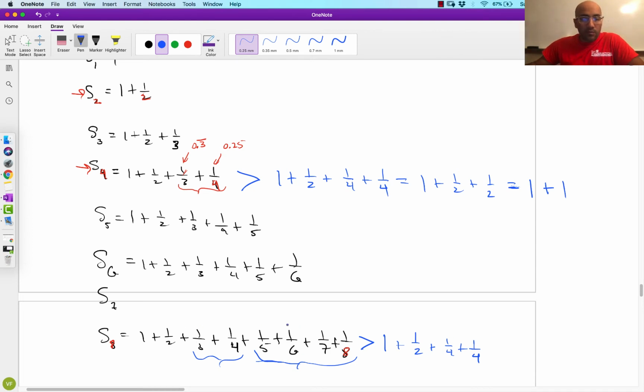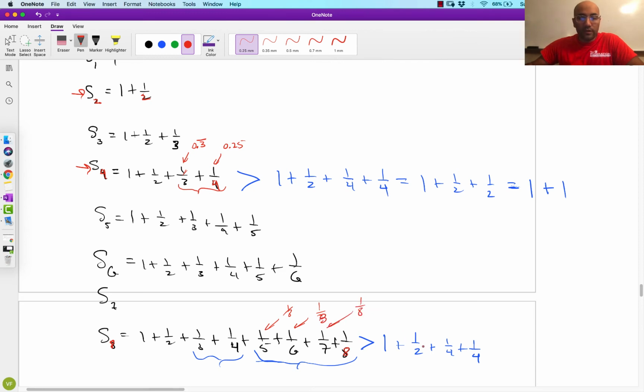Good. And now I'm going to do the same thing with these, except I'm going to note that each one of these, the 1/5, the 1/6, the 1/7, they're all decimals that are a little bit bigger than 1/8. 1/8 is the smallest of them all. So I replace these with a 1/8 each, or not replace, maybe compare it to is the better term.